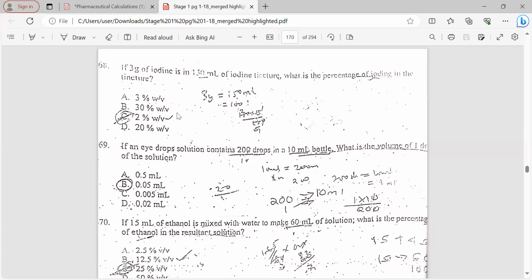Then here, 3 grams of iodine is in 150 ml of iodine tincture. What is the percentage of iodine?